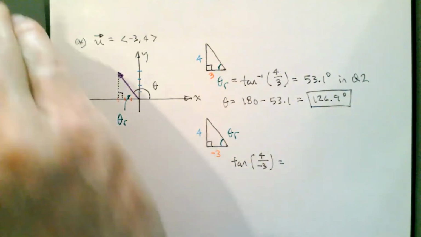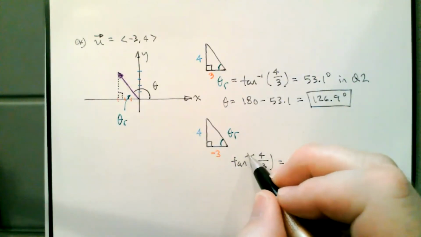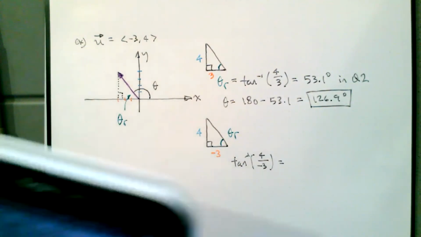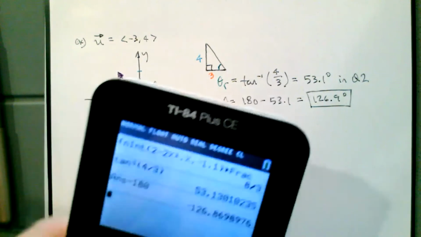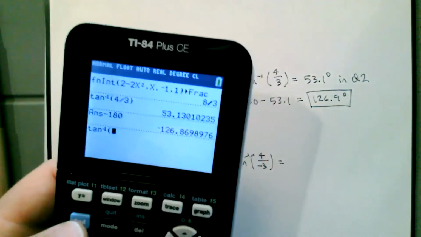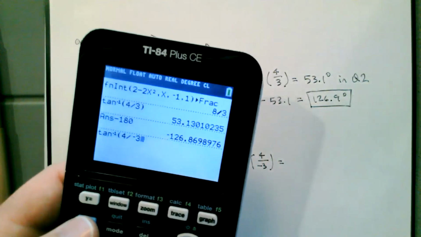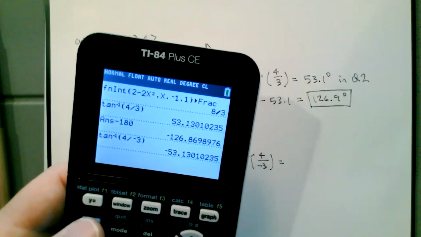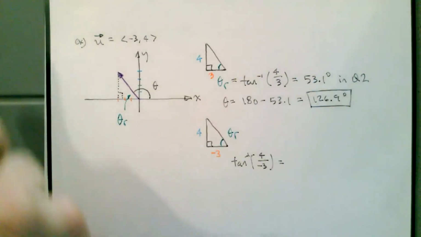If we do tangent inverse of 4 divided by -3, we end up with -53.1 degrees.